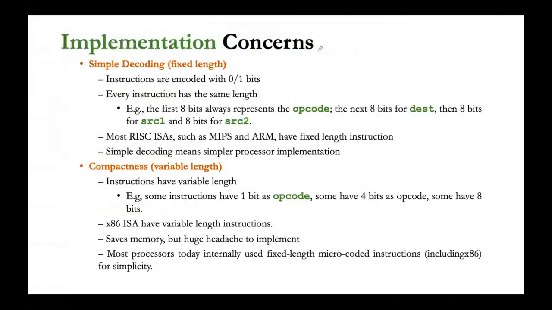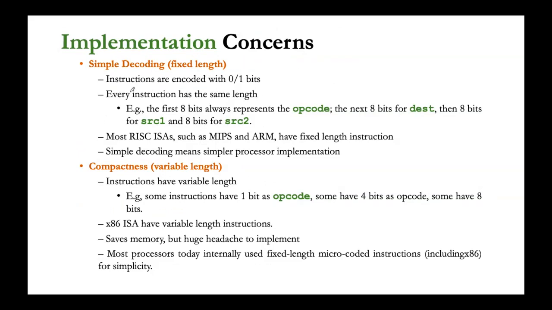In implementation concerns, for CISC or RISC, from the hardware point of view, decoding must be simple, so that it is easy to implement. Simple decoding means it uses fixed length instructions.